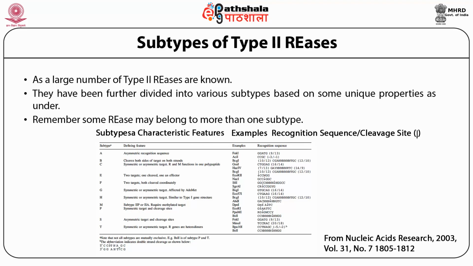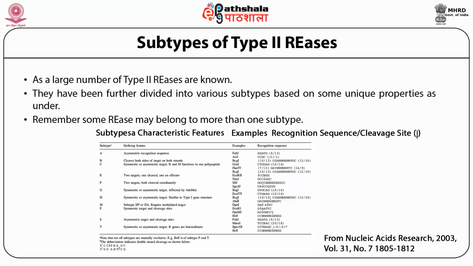It's unusual in that sense. While most of the other REases cut at a single side, this class 2B cleaves at two sides on both strands. An example is BcgI.